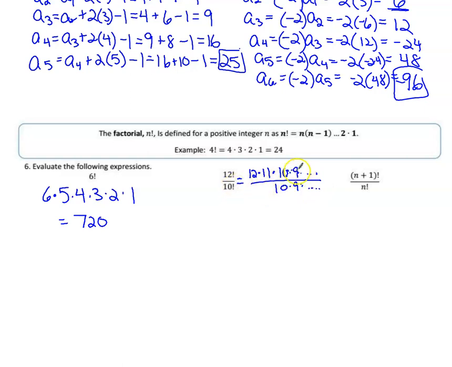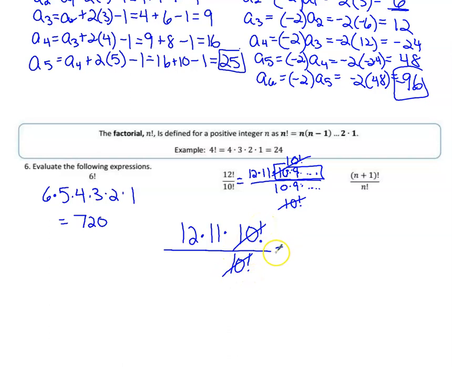If you notice, this from right here on is still 10 factorial, and this was 10 factorial, and it's all multiplication, so you can divide out that whole 10 factorial. So what we have is 12 times 11 times 10 factorial over 10 factorial, and I'm going to divide those out. So to answer this one, it's just 12 times 11, which is 132.